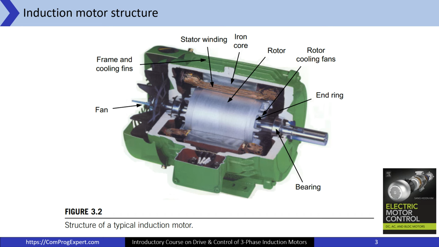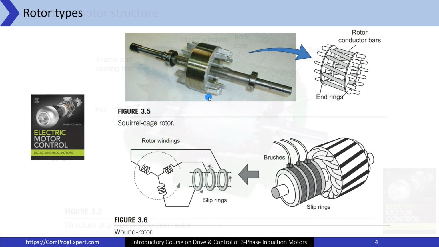In the previous video we discussed the benchmark motor that I want to use to do experiments and tests. If you have access to a lab, or if you prepared a low power induction motor, you can check these parts. Anyway, for induction motors, as you know, we have two rotor types: a squirrel cage rotor and a wound rotor.